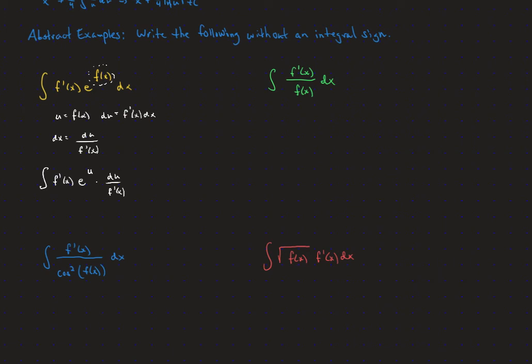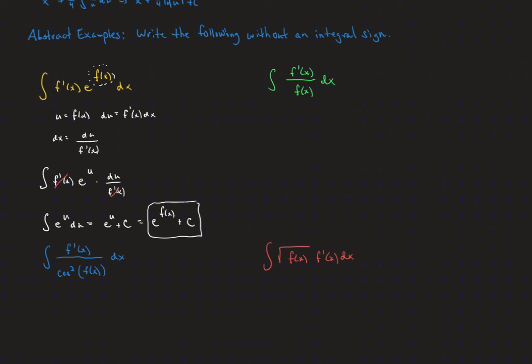And you can see the f prime of x's will cancel, and the integral now becomes e to the u du, which is our favorite integral. That's going to be e to the u plus c. And going back to what our substitution was, that's going to be e to the f of x plus c.